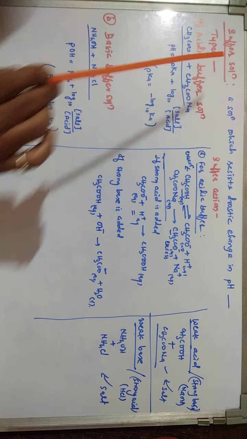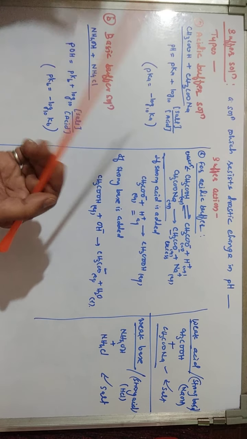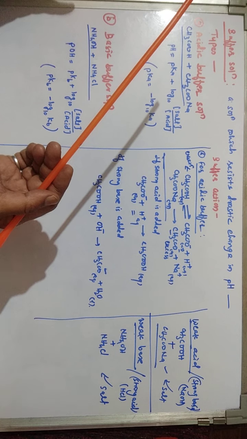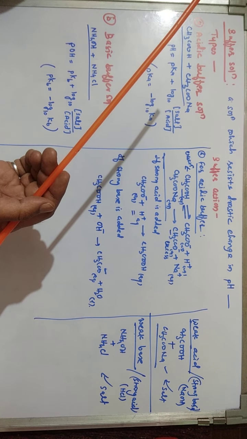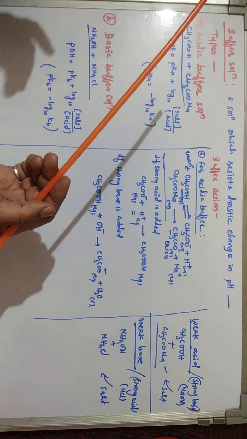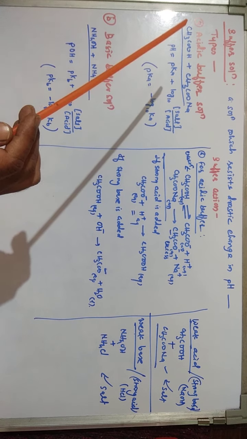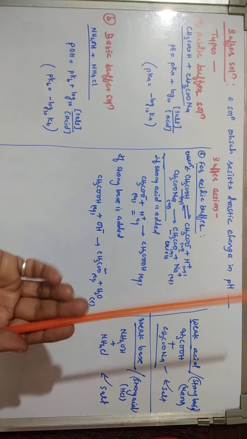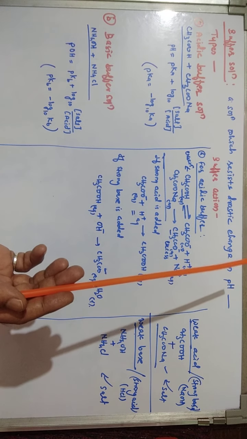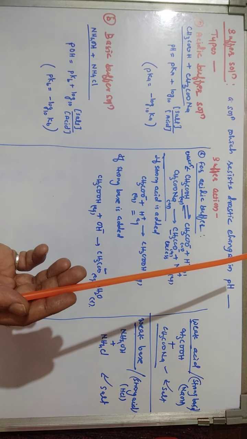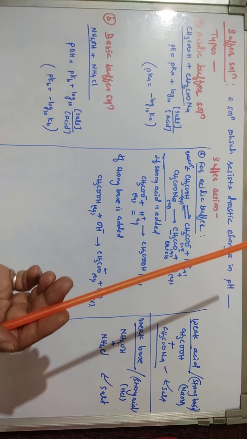For any solution, if we add a strong acid, there is a change in the pH of the solution, that means pH decreases. If we add a base, the pH changes because of the excess OH minus ions, that means after addition of a base, the pH increases.